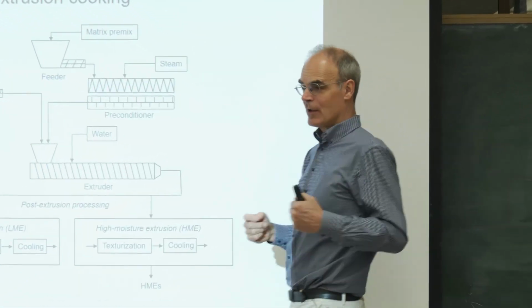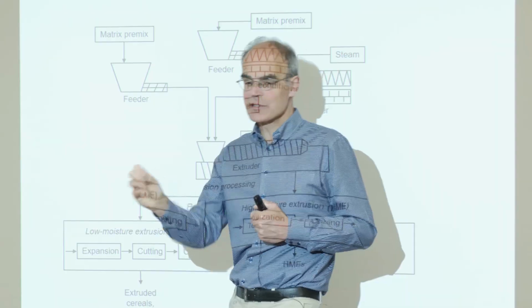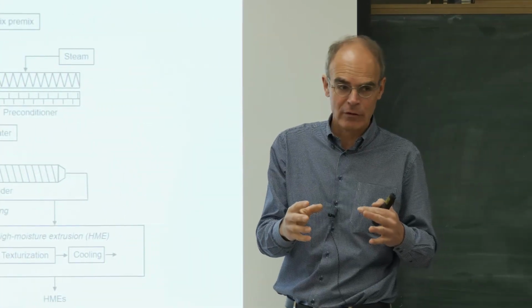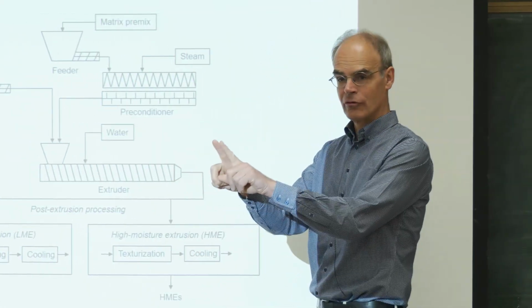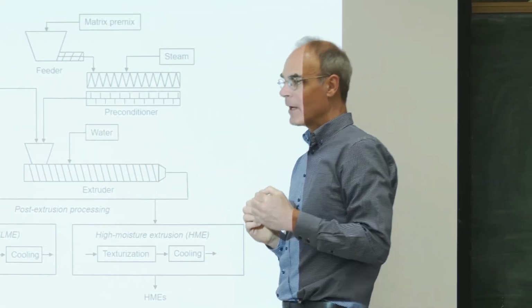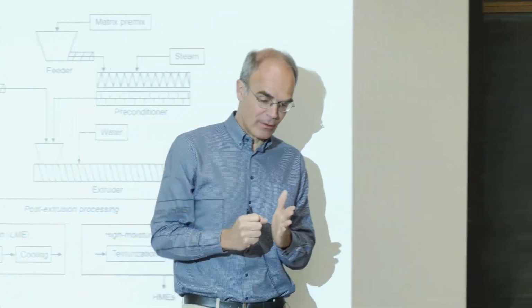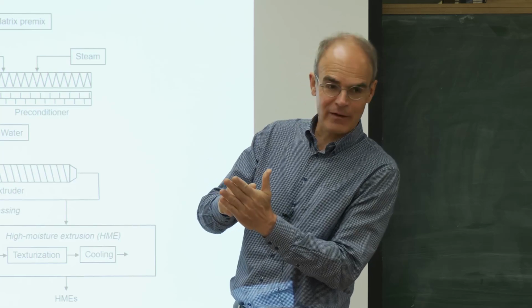The thing is, the material is so hydrated, we can't really transport it over that one screw with passive transport. The twin screw extruder, we have these intermeshing screws, and there we can have active transport. One screw basically cleans the other one, and the other one cleans the first one again.